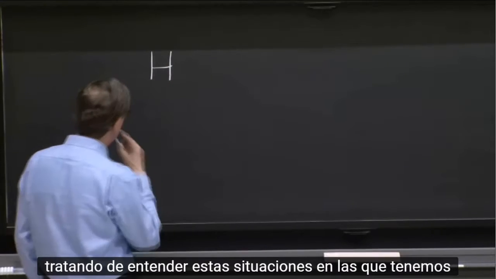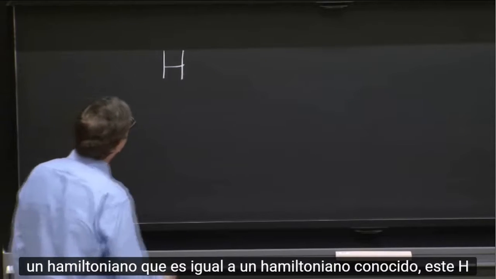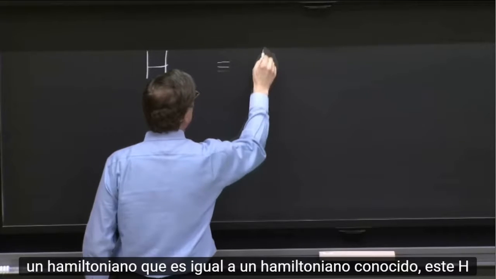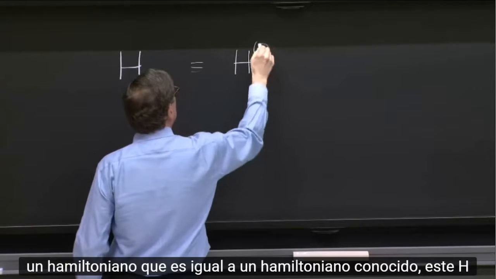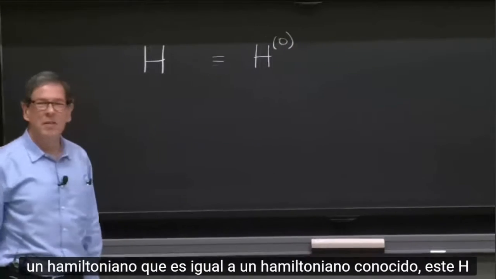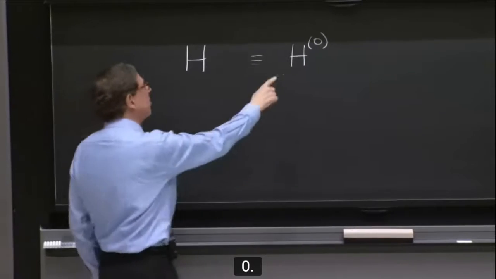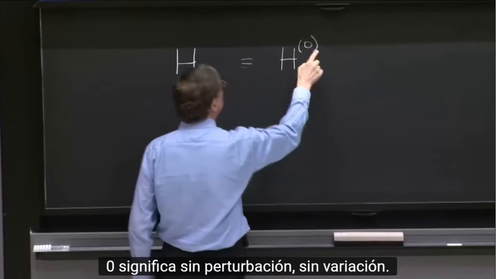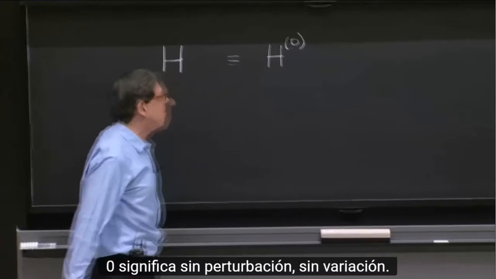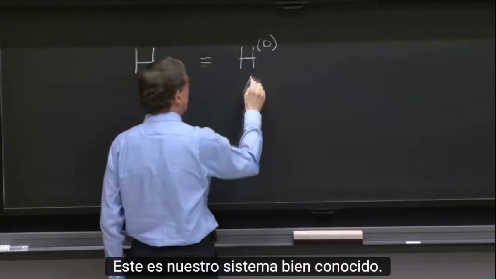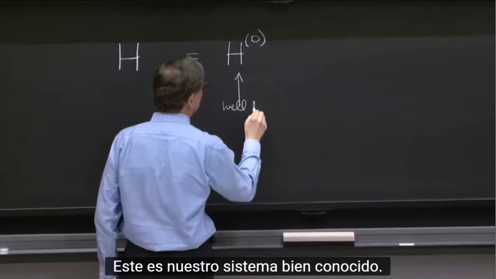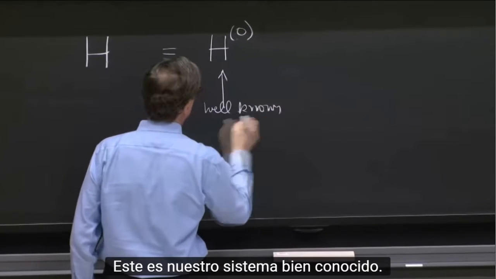a Hamiltonian that is equal to a well-known Hamiltonian, this H0, 0 meaning no perturbation, no variation. This is our well-known system.